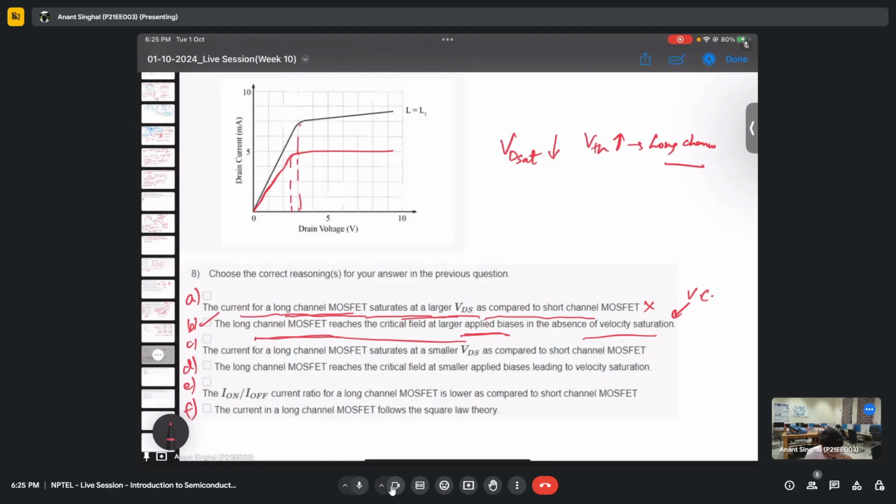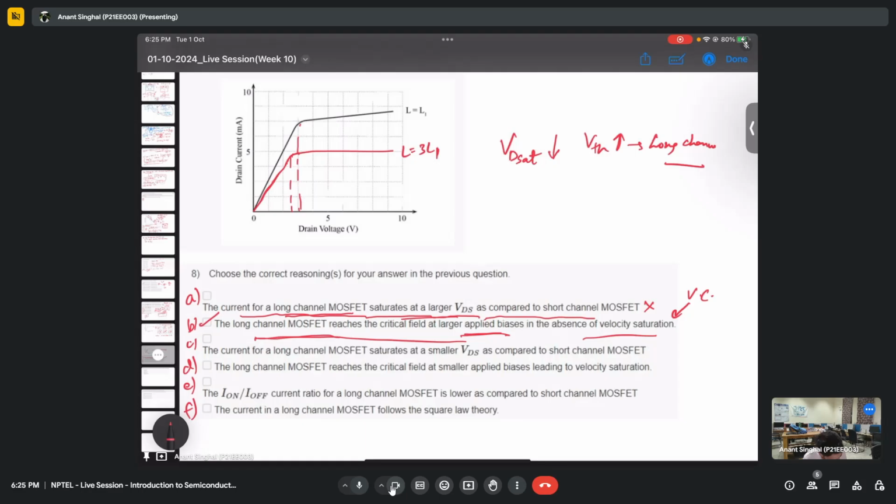This is correct. This is L equals 3L1. Yeah, the long channel MOSFET reaches the critical field, so this is wrong.